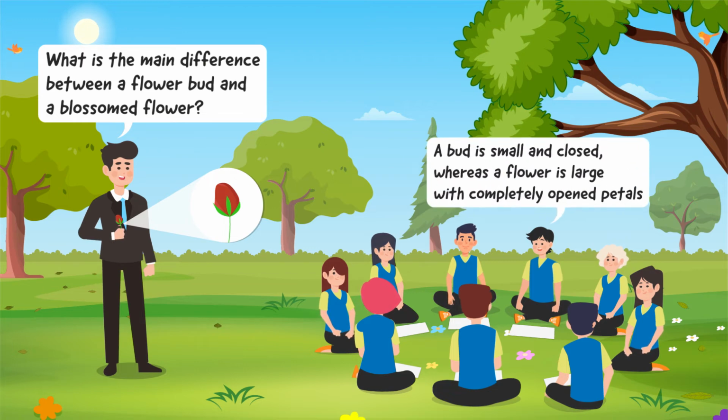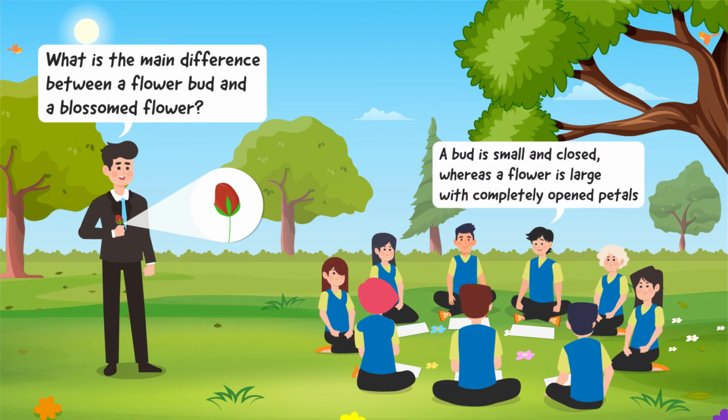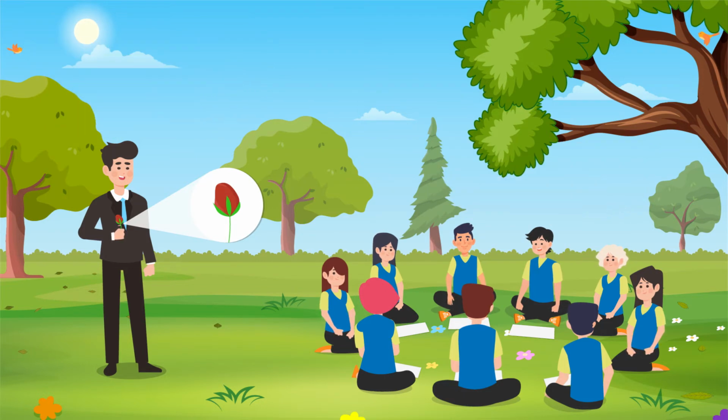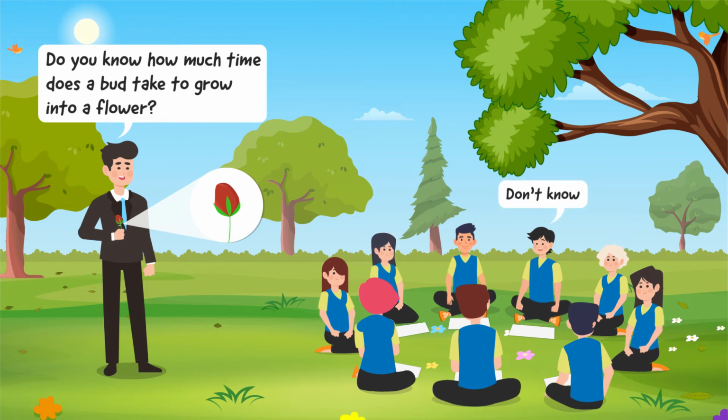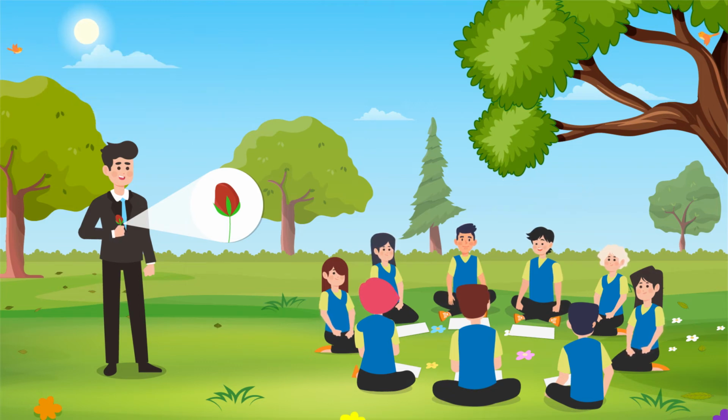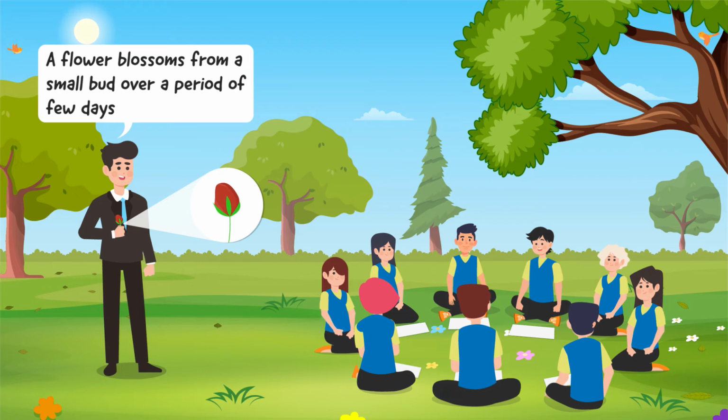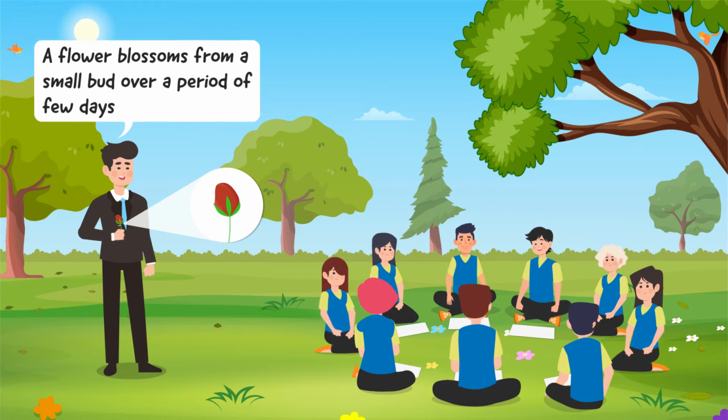They may say that a bud is small and closed, whereas a flower is large with completely opened petals. Now ask them, do you know how much time a bud takes to grow into a flower? It's a possibility that they wouldn't know the answer. Conclude that a flower blooms from a small bud and it happens over a few days.